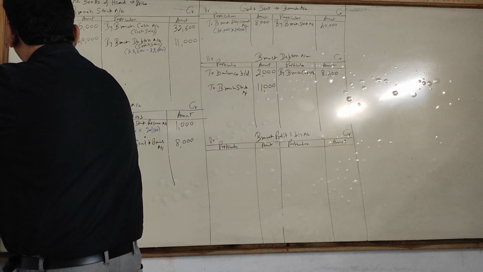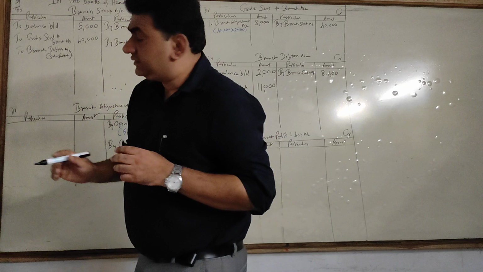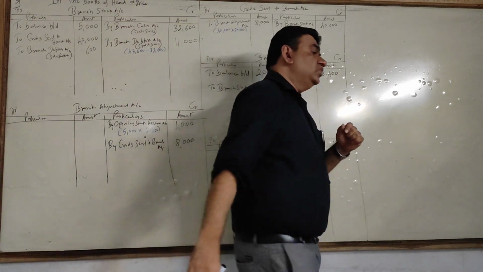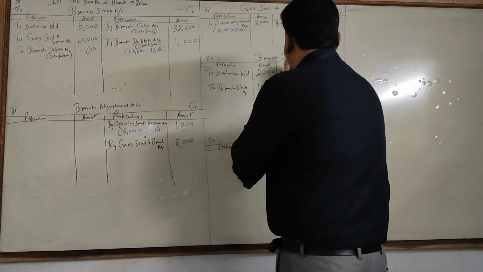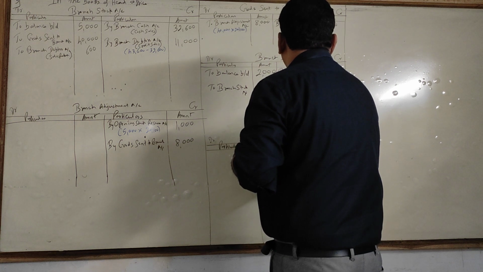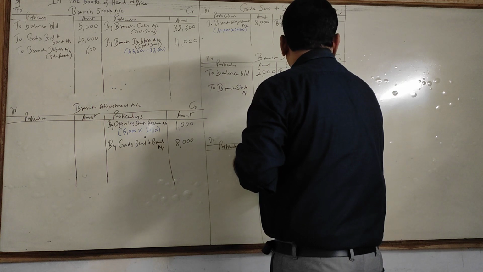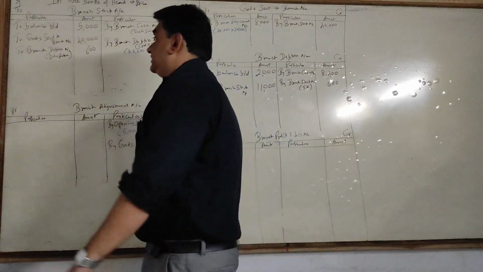To branch debtors, in brackets you can write sales return, that is 600. And come to the credit side of branch debtors: by branch stock 600. You can put in brackets SR.